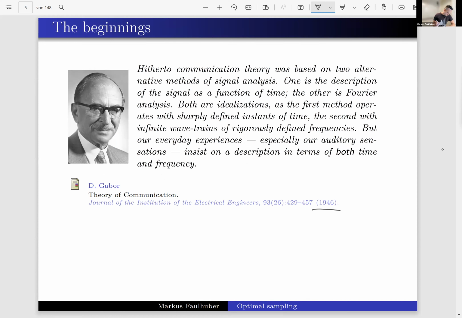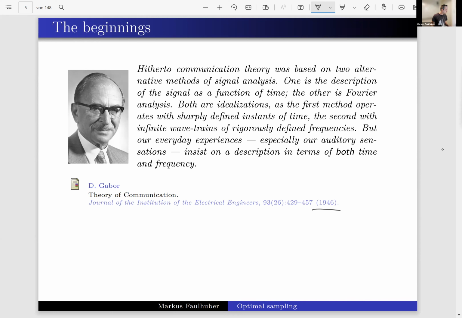The important point that Gabor mentions is that the theory of communication was based on 2 separate but kind of dual methods, namely the description of a signal as a function of time, and the other method is Fourier analysis. He wanted to overcome this drawback that you only look at one or the other, and wanted to join this together.